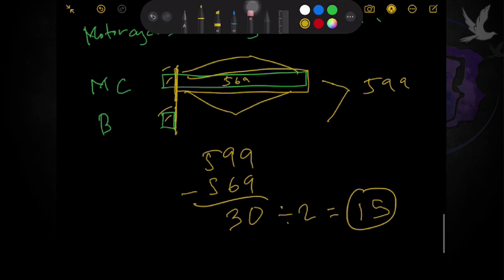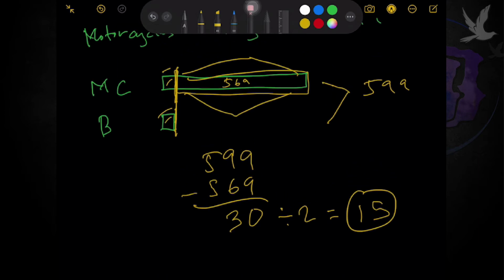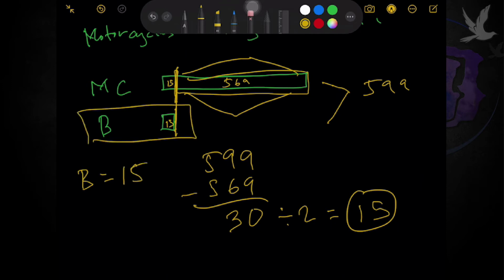Which means, again, if I'm just going to remove this part, ito. We can now fill into that missing value that these smaller mga boxes, units, is equivalent to 15. So, which means sa bicycle, we have 15. Sa motorcycle naman, we have 15 plus the 569.